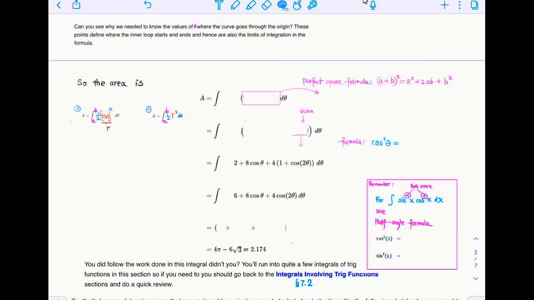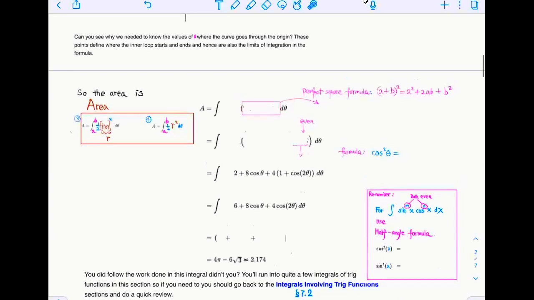So for area, we know theta goes from, we just found, 2 pi over 3 to 4 pi over 3. So the d theta here, theta goes from 2 pi over 3 to 4 pi over 3.